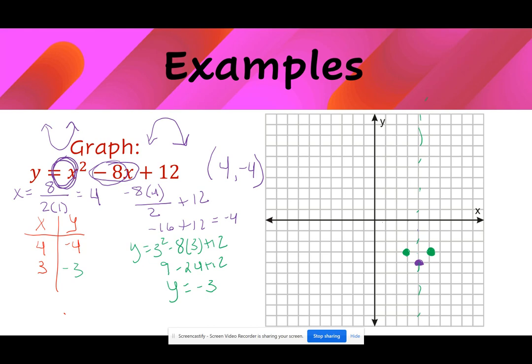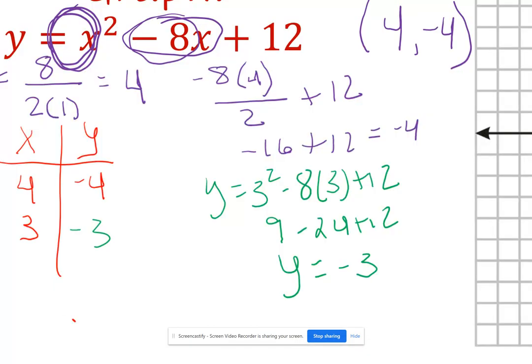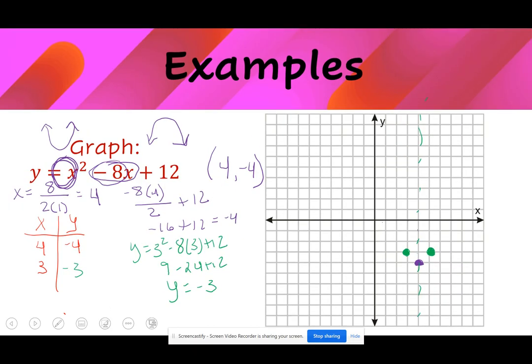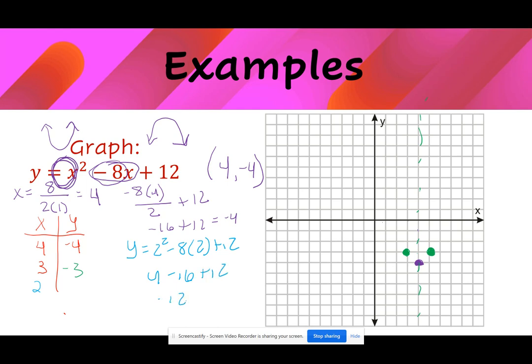And then let's just say we want to do it again. I'll choose a new color. Plug in 2. I'm just going to erase this green right here. So we got y equals 2 squared minus 8 times 2 plus 12. 4 minus 16 plus 12. Negative 12 plus 12 gives us 0.